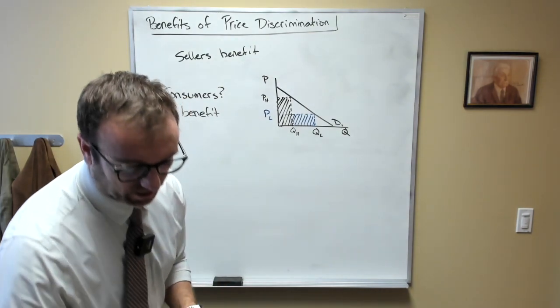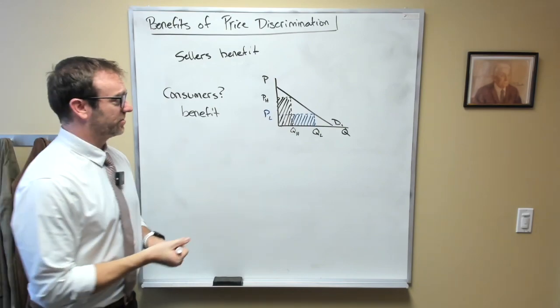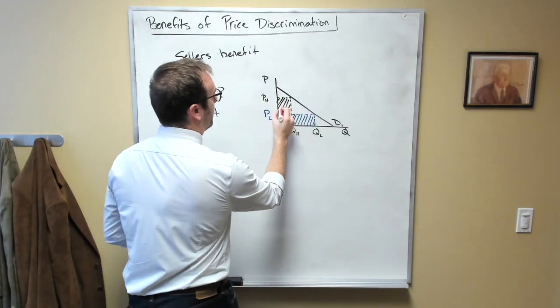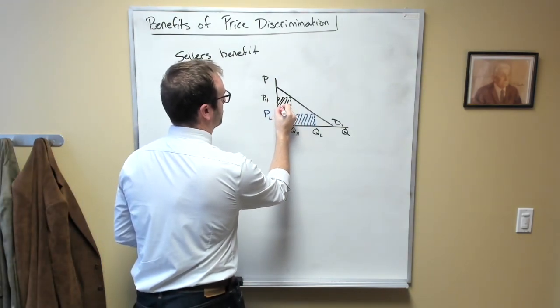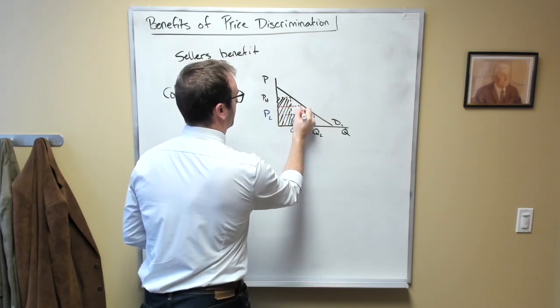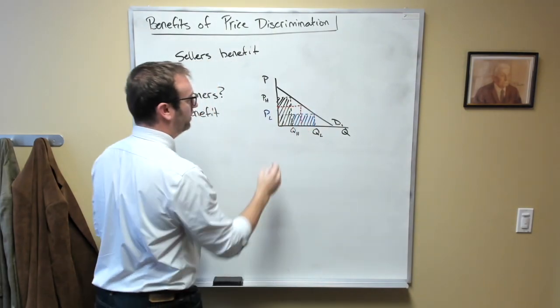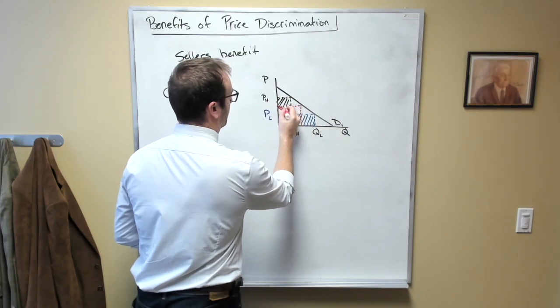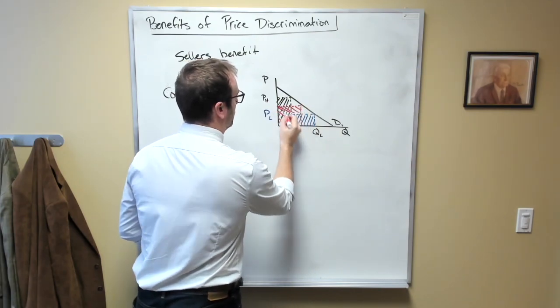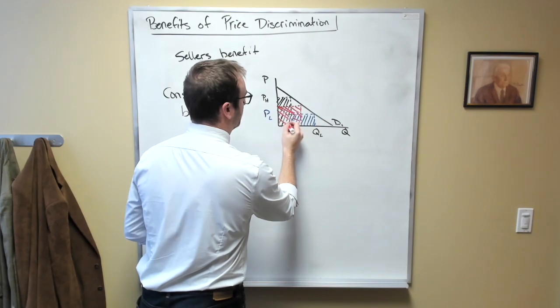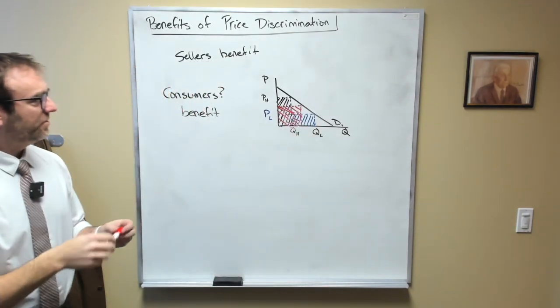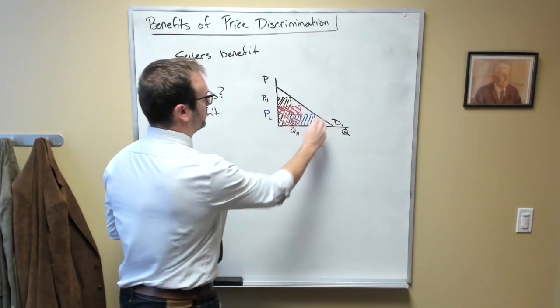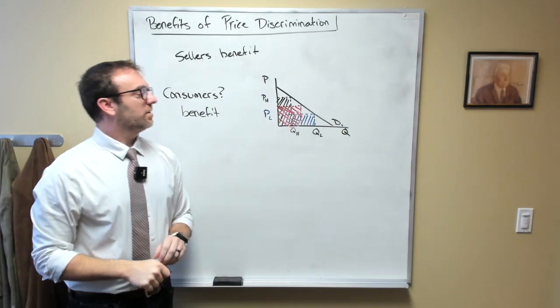Suppose for a minute that if we could not price discriminate, the revenue maximizing price that we could charge might be somewhere like this. And that means that this whole area right here would be the total revenue. It should be fairly obvious that the black and blue squares combined are bigger than the red square.